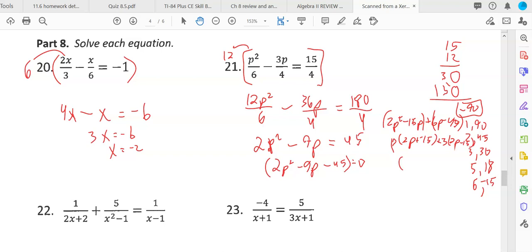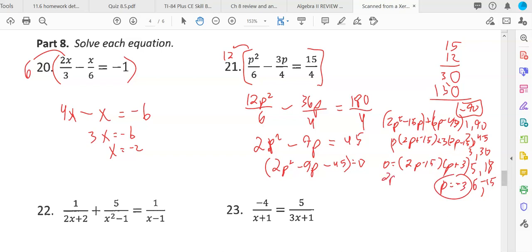So I'm going to regroup it as 2p minus 15, and the leftover is p plus 3 there. So that's not equal to 0, so that's going to be p equals -3. I think that's a solution. You might have to check it in a minute.